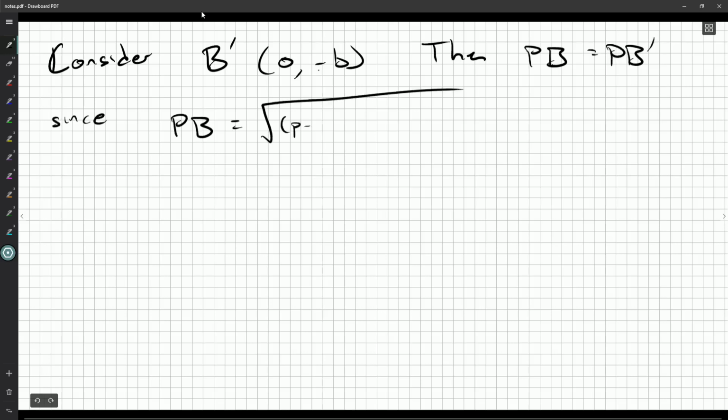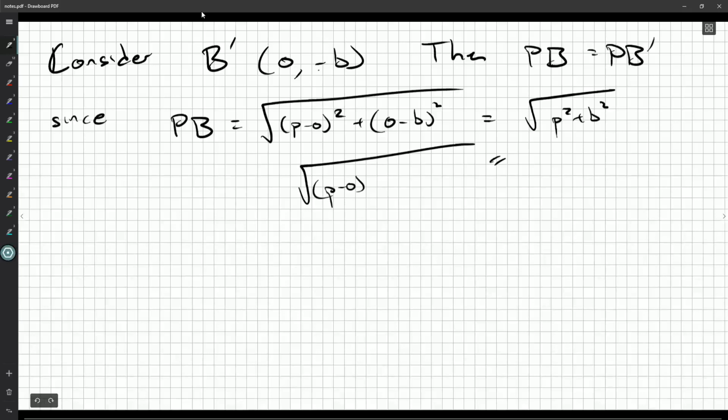It'll be the difference in the x coordinates squared plus the difference in the y coordinates squared. But of course, that's going to be the same as the square root of (p minus 0) squared plus (0 minus negative b) squared, because the negative b is just b squared, and so that's PB prime. So okay, I would definitely write this. I wouldn't necessarily write this unless you wanted to.